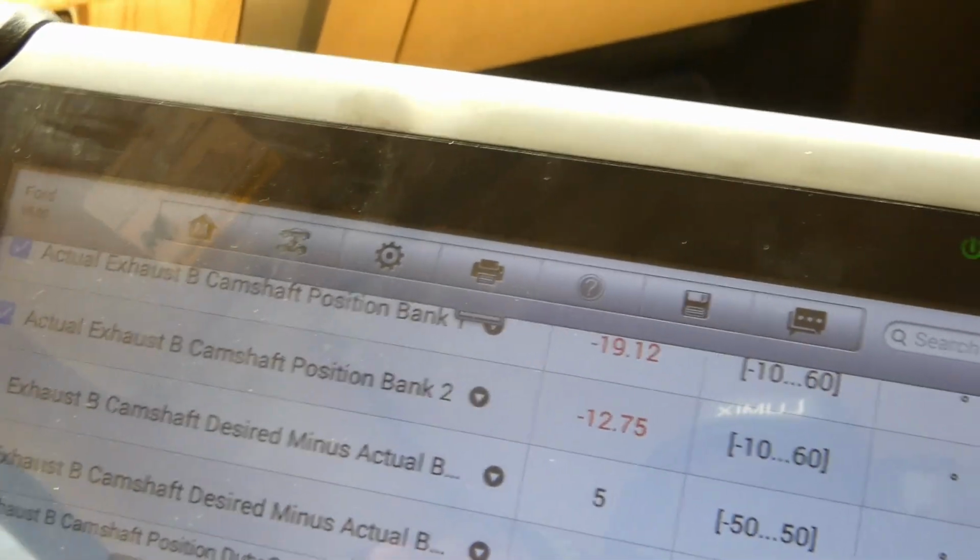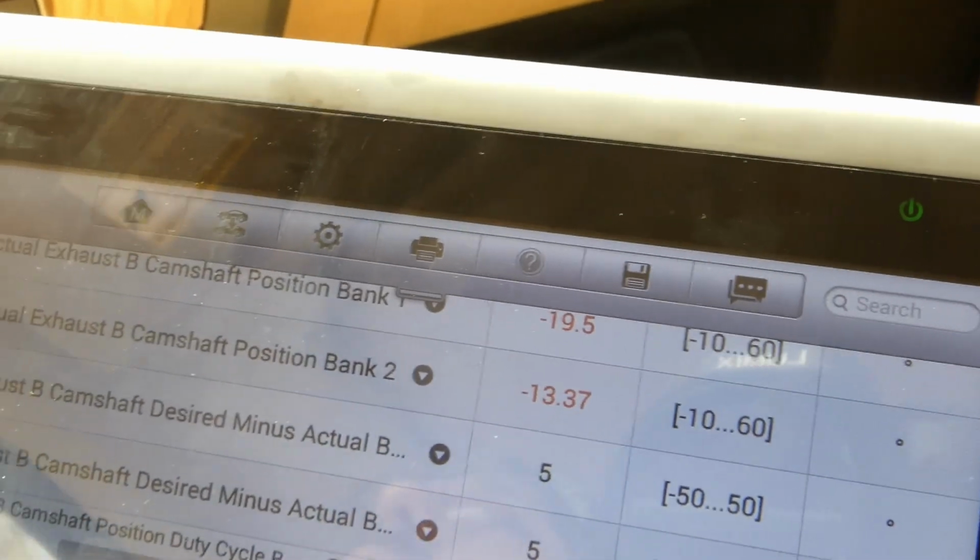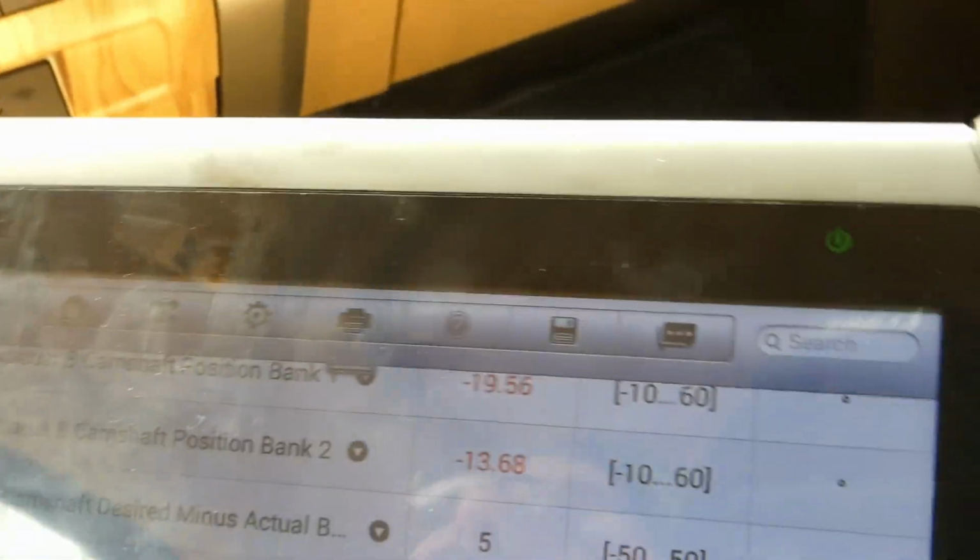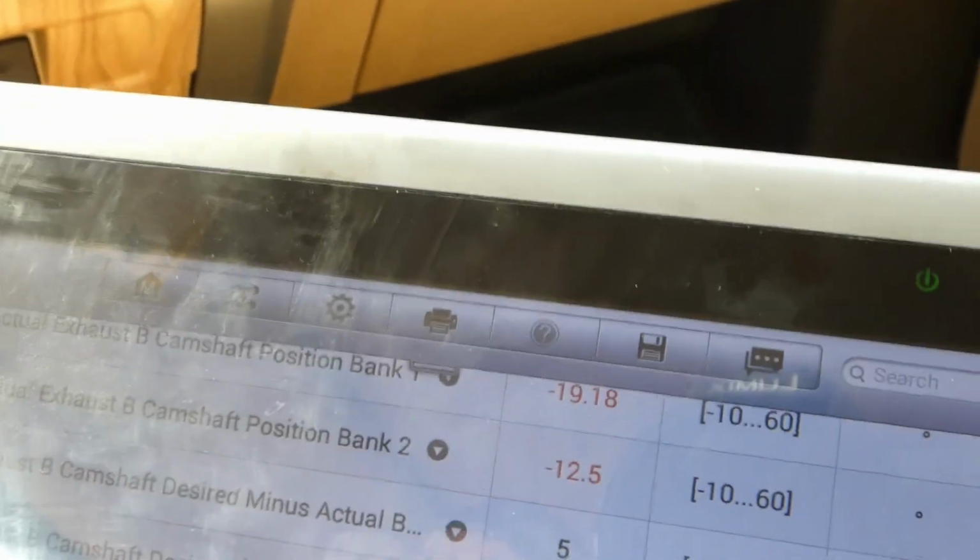This brake pedal is hard. I feel like we got a vacuum booster problem or something.